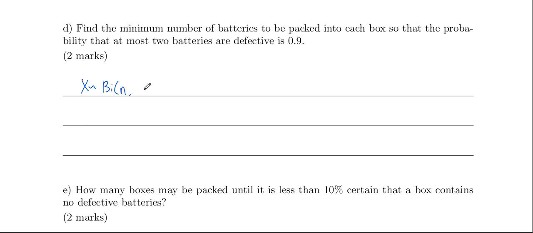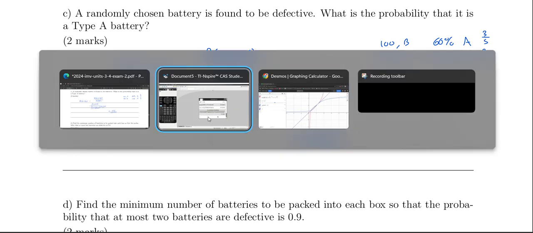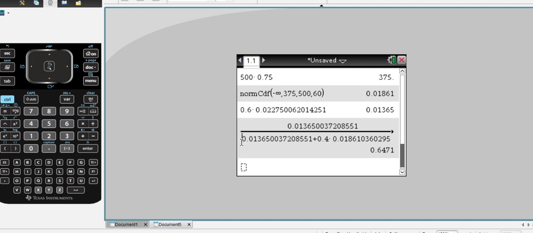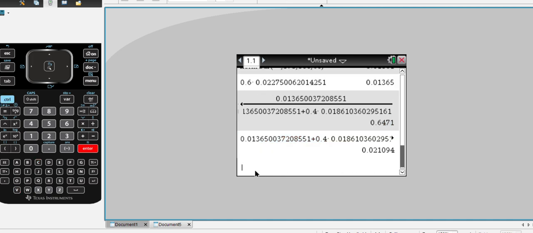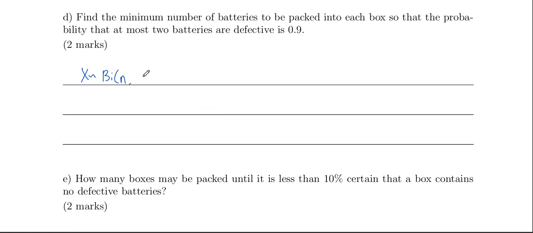We don't know what n is, and the probability of success is the probability that a randomly selected battery is defective, which we found to be this. So let's see what that is: 0.021094.